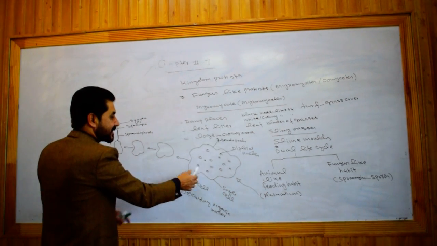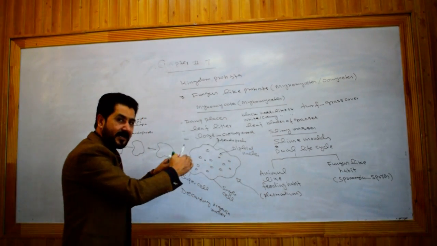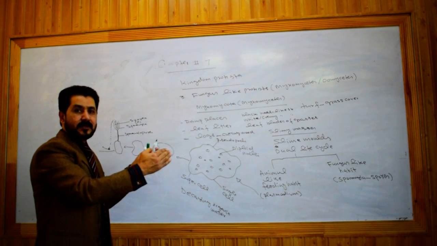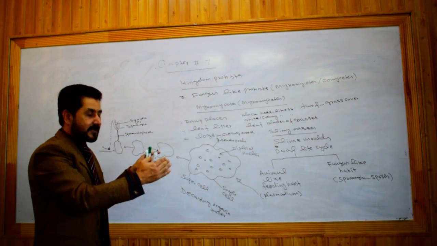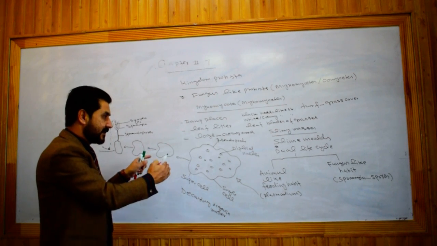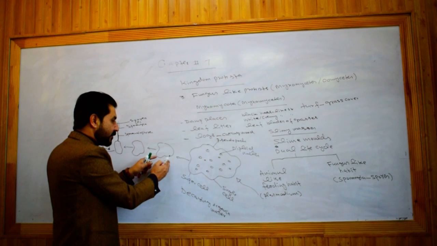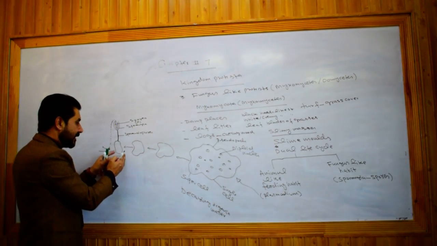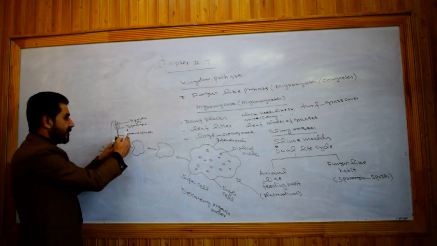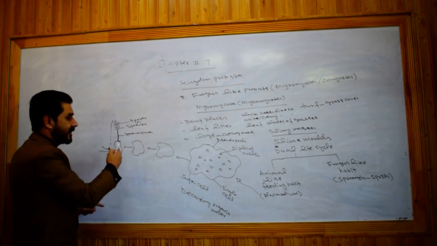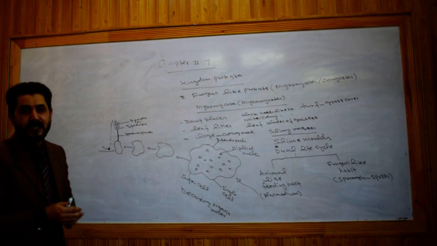Just like this, the mycelium will grow on the decaying organic matter and utilize nutrition from the decomposed organic matter of its habitat. When the local food supply diminishes, it will shrink and finally produce what? Sporangiophore, erect branches, then sporangia containing spores. In this way they will continue their life cycle.